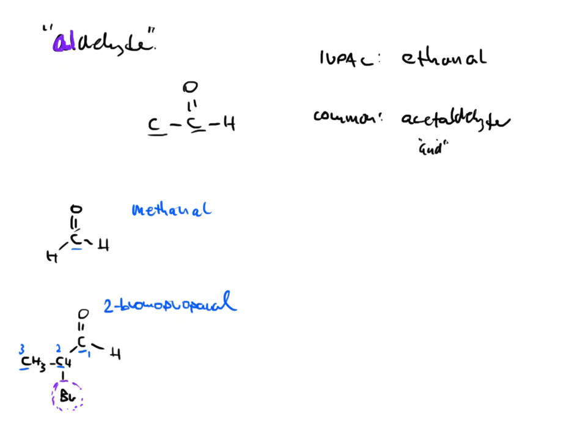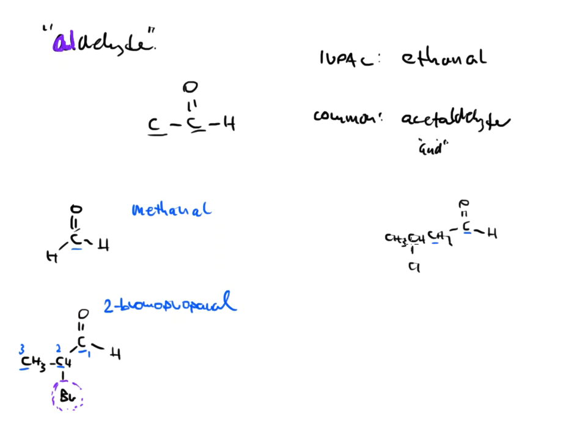Okay, so let's keep it going. Let's do some more examples. Let's do a C double bond O with an H, and then on this side, let's do a CH2 and a CH and a Cl and a CH3. All right. IUPAC it.